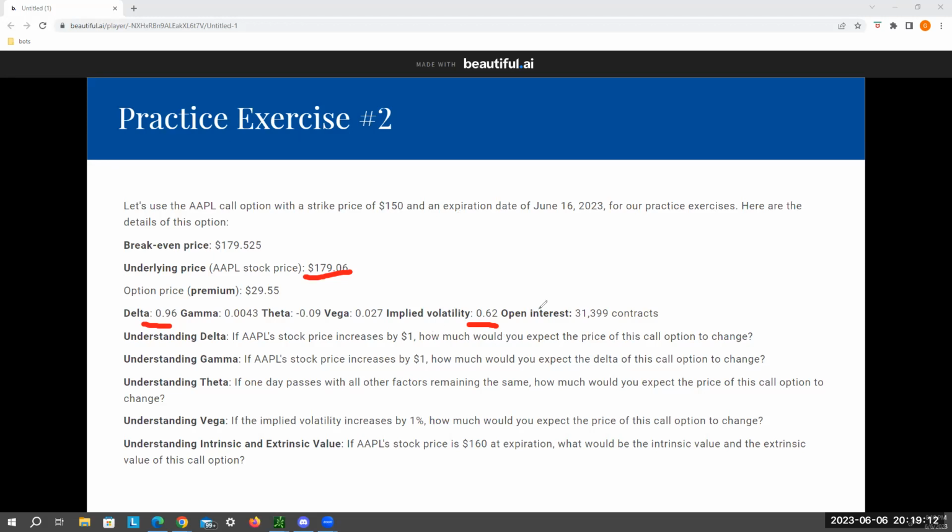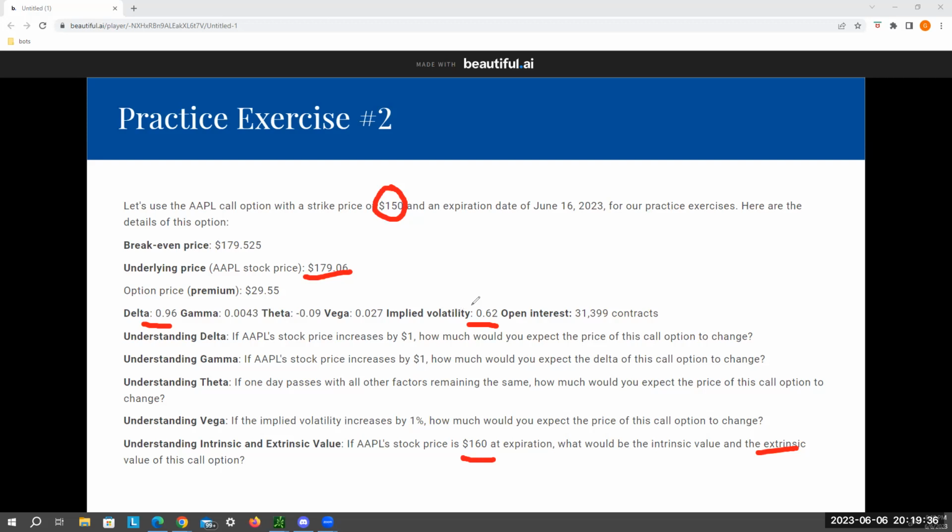Very simple, guys. Understanding intrinsic and extrinsic value. Now, this is where you have to do a little bit of math. If Apple's stock price is $160 at expiration, what would be the intrinsic value and the extrinsic value of this call option? Mind you, your strike price is $150.